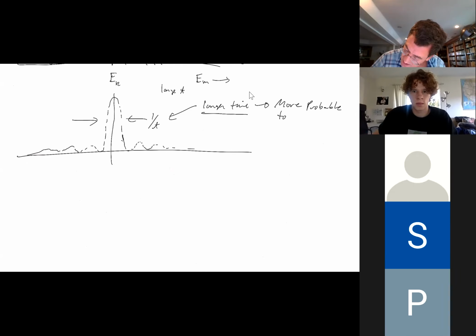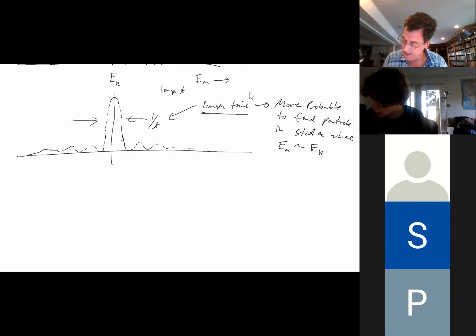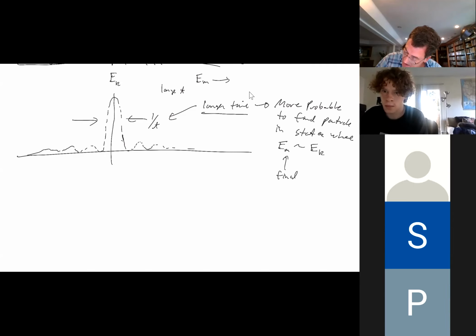to find the particle in states where the final state M is very close in energy to the initial state K. Final state, initial state.